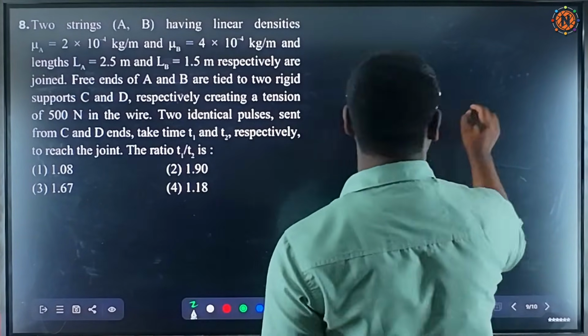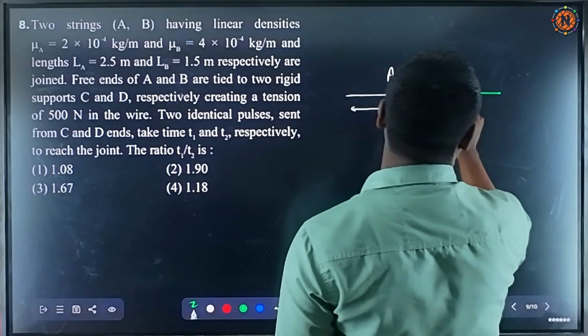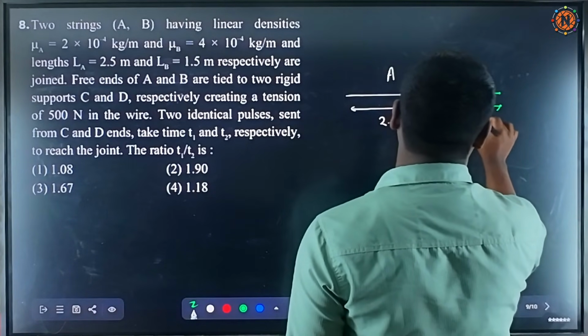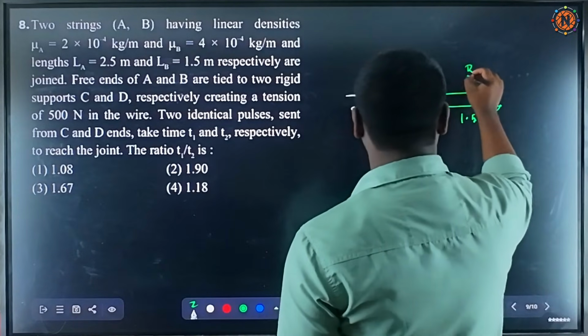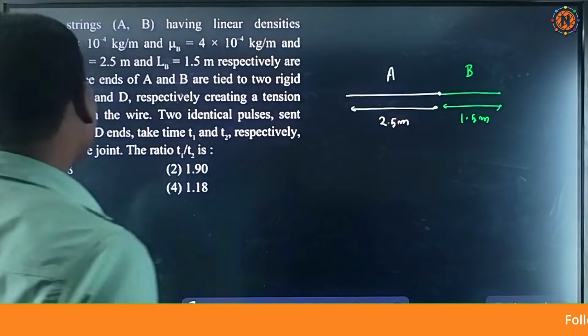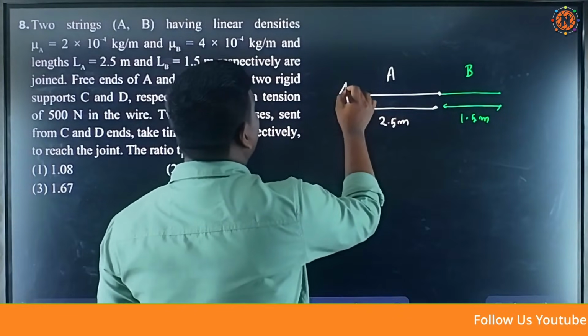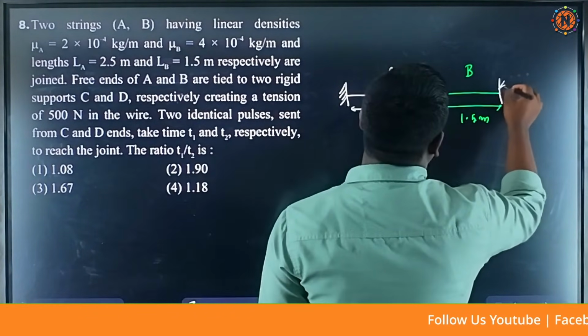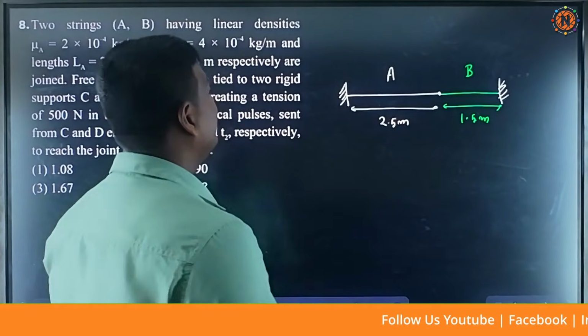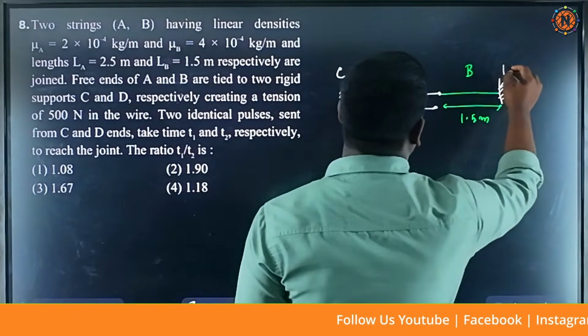This string is B and their free ends are joined with the help of two supports. These supports are C, D.